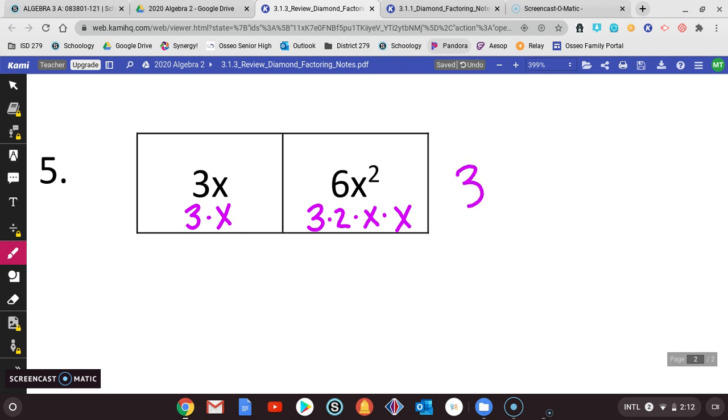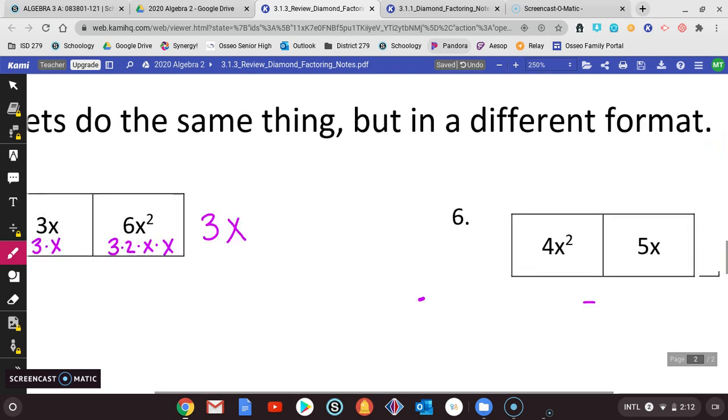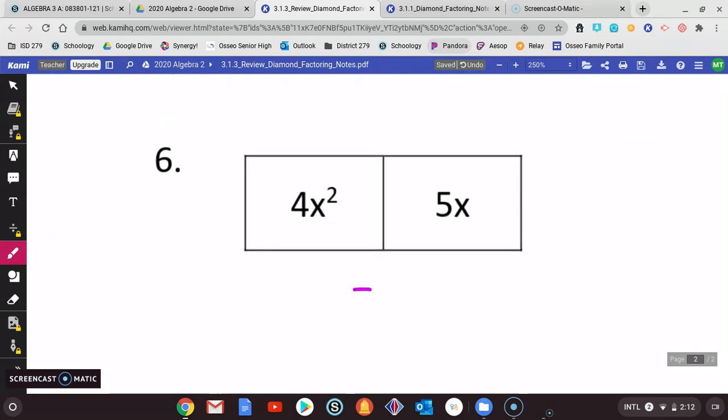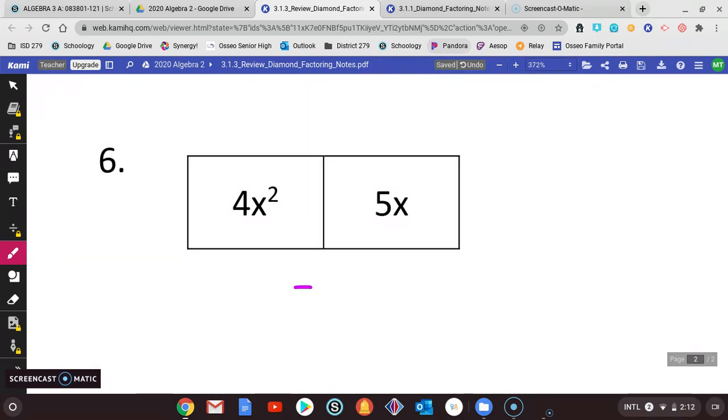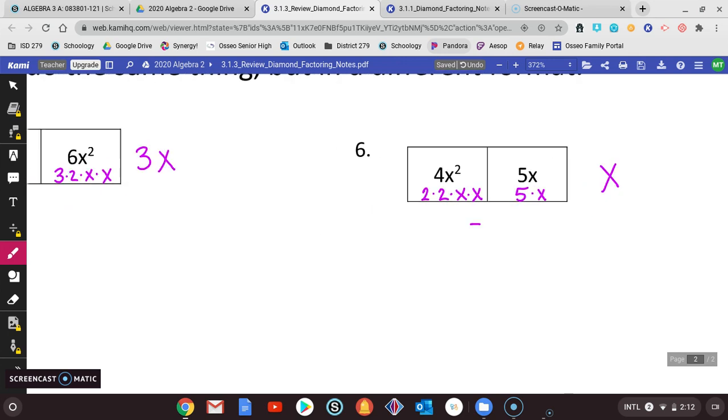So you see a 3 and I see an x. So 3x is your GCF. Here, whoops. So here is 2 times x times x, and this is 5 times x. So the only commonality is an x. So your GCF is an x.